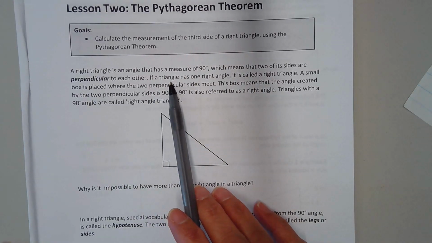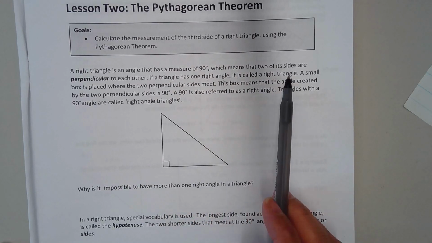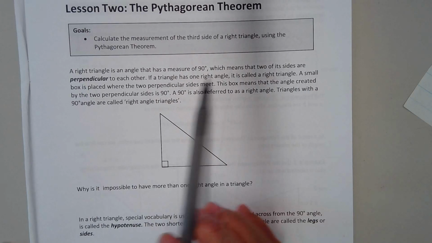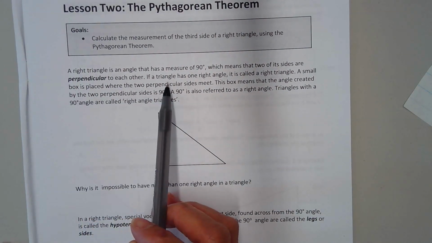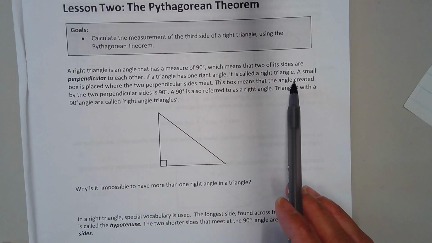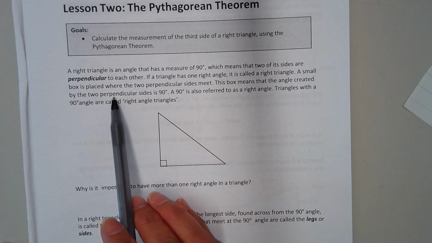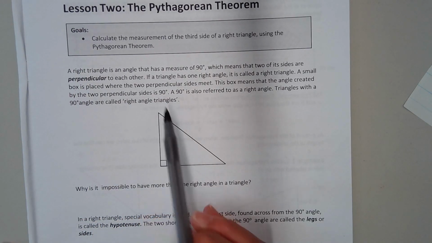A small box is placed where the 2 perpendicular sides meet. This box means that the angle created by 2 perpendicular sides is 90 degrees.